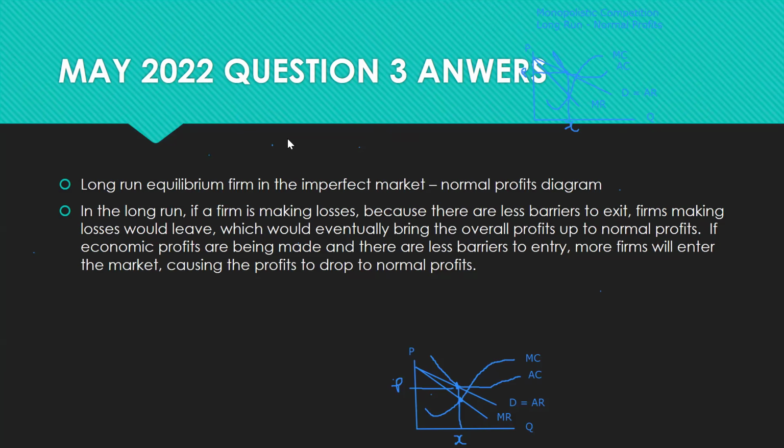I would strongly advise going over market structures a couple of times if you need to, and practice showing the graphs. Don't just look at the graph. Practice actually drawing it out. Practice showing the supernormal profits, normal profits, and losses for both perfect and imperfect competition. The more practice you do, the better. Trust me.